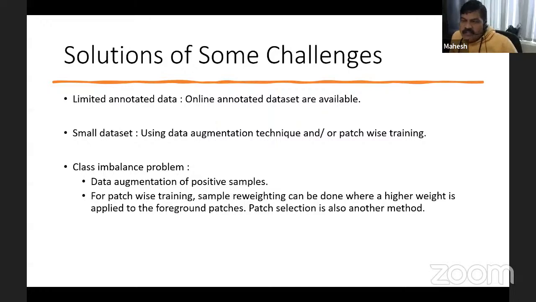Second is a small data set. You can make a big data set from a small data set by introducing a data augmentation technique. If an input image is there, we rotate that image, and in this way we can increase the size of the data. Or you can scale it, reduce the size of the image, the face or the person.